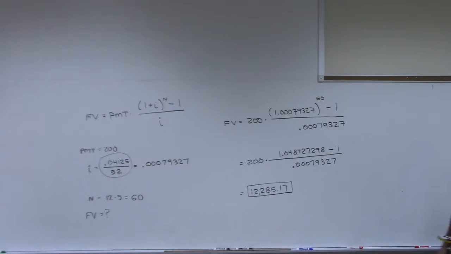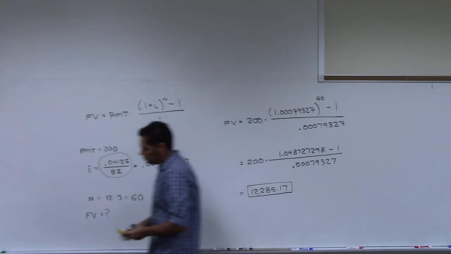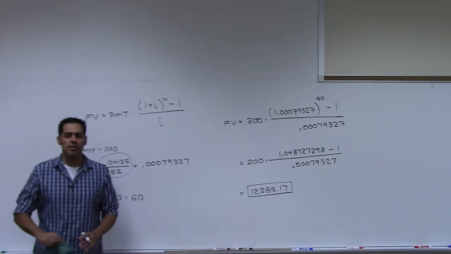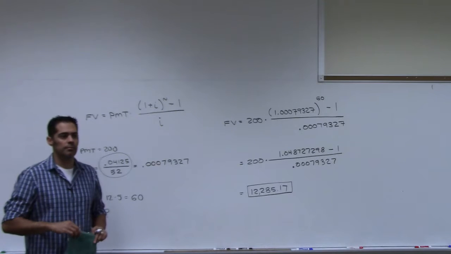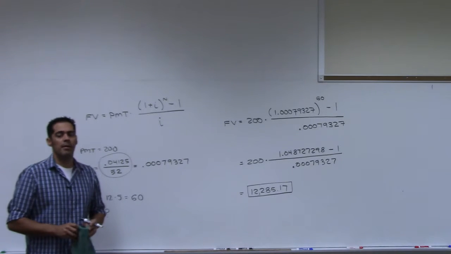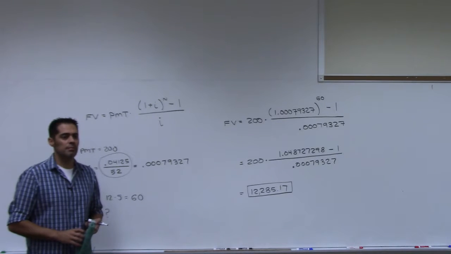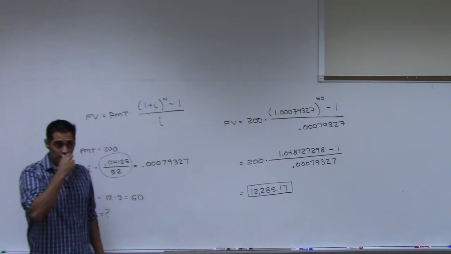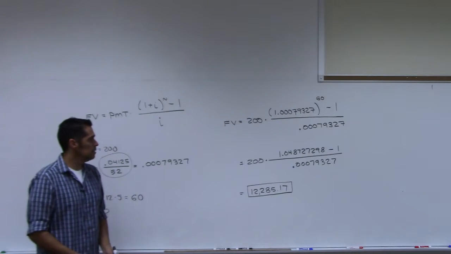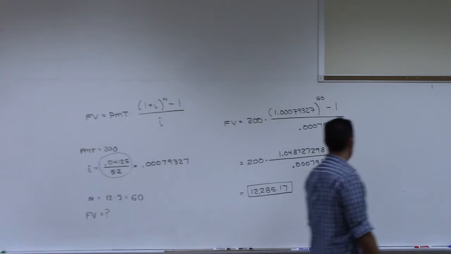Okay, I have another question to ask here. How much interest did you earn? So think about it. How much money did you deposit? Did you deposit $12,285.17? No. How much did you actually deposit? What did you put in?